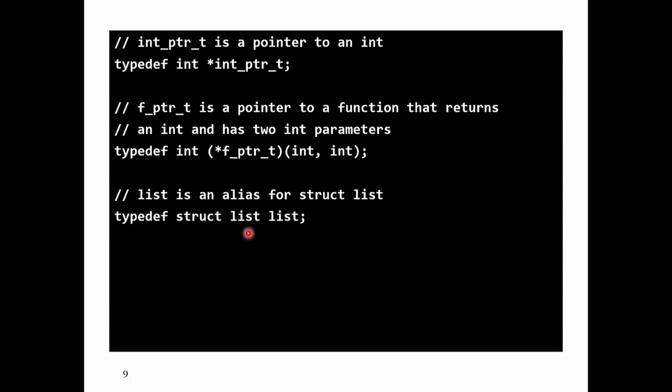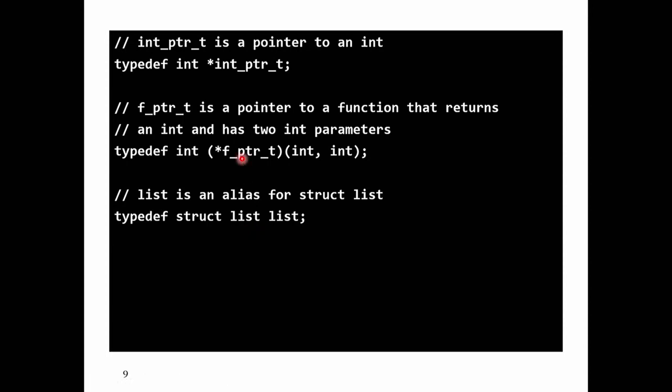Nowhere have we defined what the actual struct list type is, but you are allowed to make a typedef to a non-existent type. We say that struct list is an incomplete type because we don't have a definition for it yet, and you are allowed to make a typedef to an incomplete type.